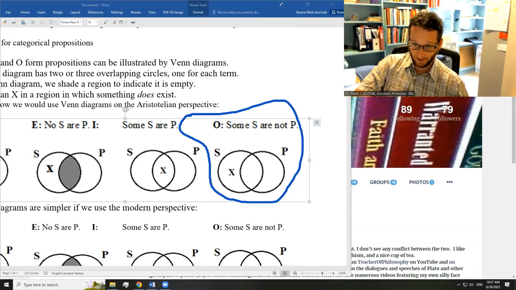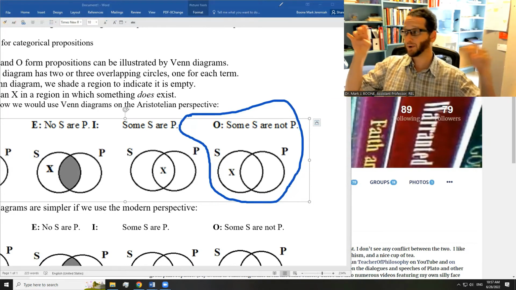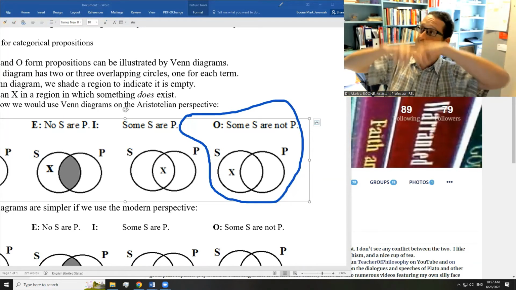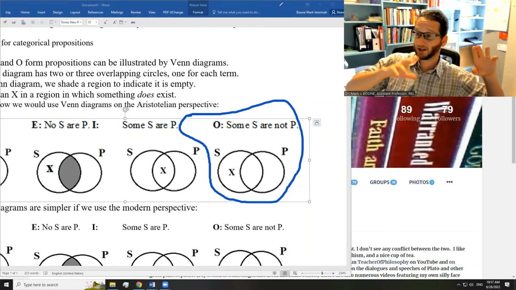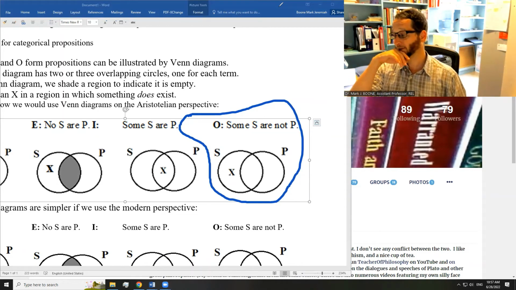Some guinea pigs are not pets. How do you Venn diagram that? Two overlapping circles, guinea pig circle on the left, pet circle on the right. Some guinea pigs are not pets is telling us that in that leftmost region representing things that are guinea pigs but not pets, something exists, so put an X there. That's it. That's the only thing that categorical proposition is saying.